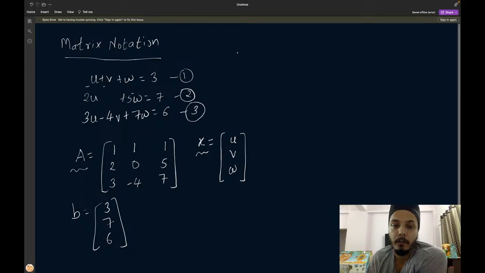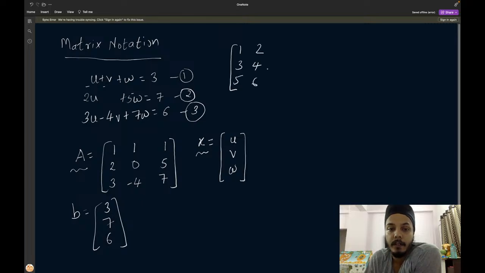Now let us take two matrices and then add those two matrices. Let our matrix be 1, 2, 3, 4, 5, 6. Now we can add it to another matrix. So let it be 1, 1, 2, 2, 3, 3.